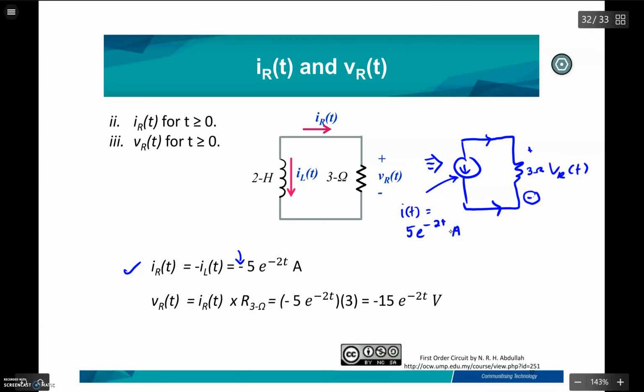If you use the iR, it will be minus 5 e to the power of minus 2t, and it enters from the positive side, so therefore you need to use plus iR times R, and substitute the iR into the equation here. So this is iR, and this is the resistor, and the answer will be minus 15 e to the power of minus 2t volts.